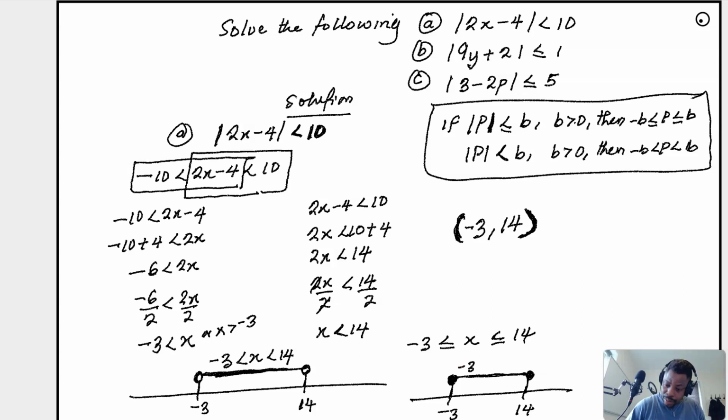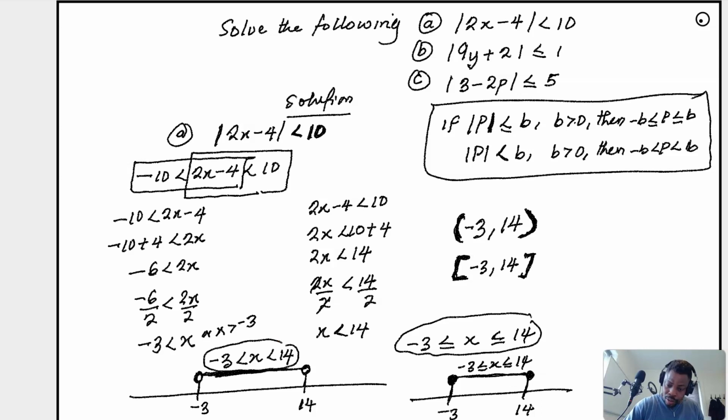So minus 3 and 14 are inclusive. In that case, you will use a square bracket because the numbers minus 3 and 14 are inclusive. So you need to pay attention. If your solution is this, you have to use this square bracket. If your solution is this, you have to use this bracket here.